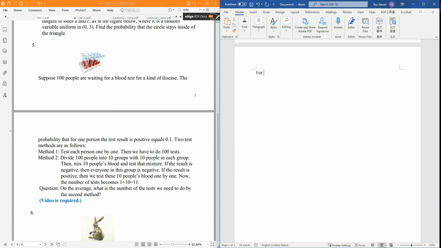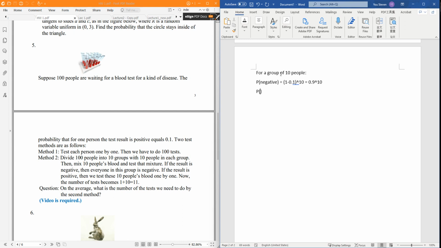So for a group of 10 people, the probability that the test result is negative is that all of these 10 people test negative, so it's 1 minus 0.1, the probability of testing negative, to the power of 10 for 10 people, which is 0.9 to the power of 10.